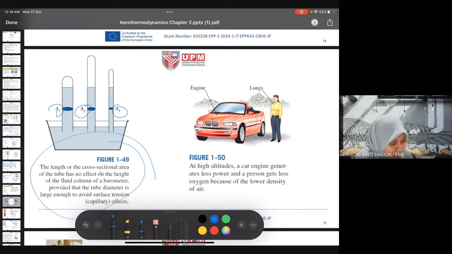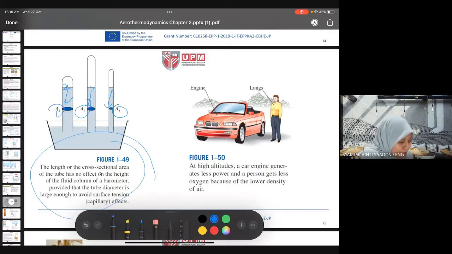But it says here the cross-sectional area of the tube has no effect on the height of the fluid column of a barometer. So you see that it's the same height. Whatever the area is, the height will be the same, provided that the tube diameter is large enough to avoid surface tension.